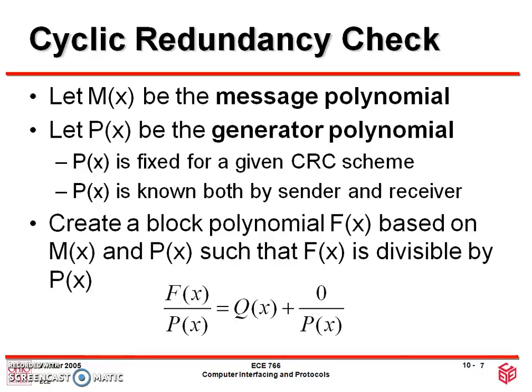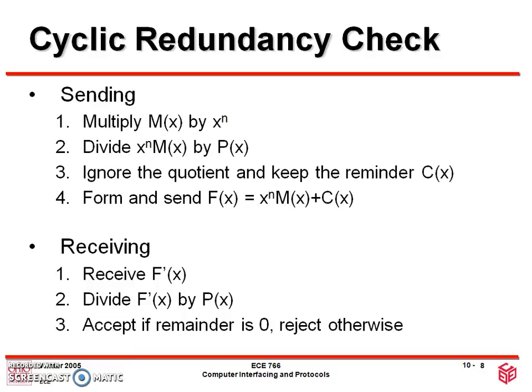Then we calculate f of x by p of x equal to q of x plus 0 by p of x. So this is if there are no errors occurring.